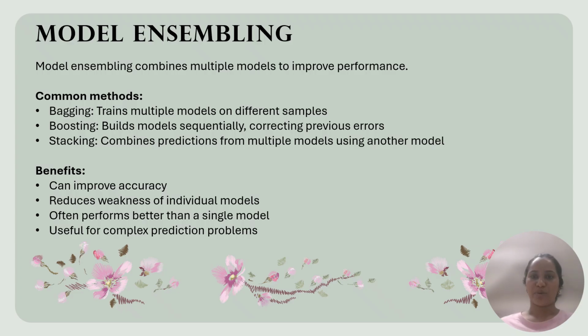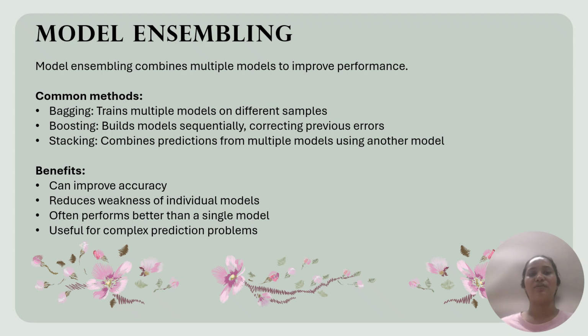In this approach, multiple models are trained independently on different samples of the data. Their predictions are then combined, often through averaging or voting. A well-known example of bagging is the random forest algorithm. Then is boosting. Unlike bagging, boosting trains models sequentially.